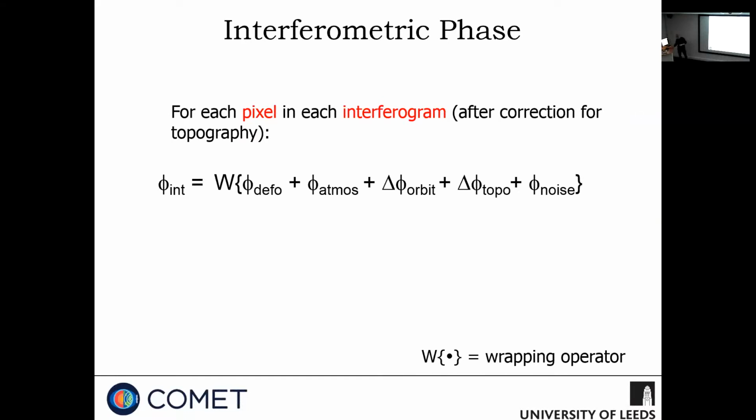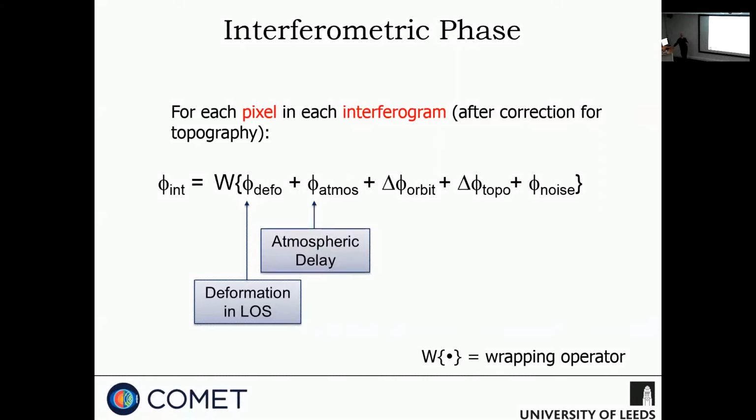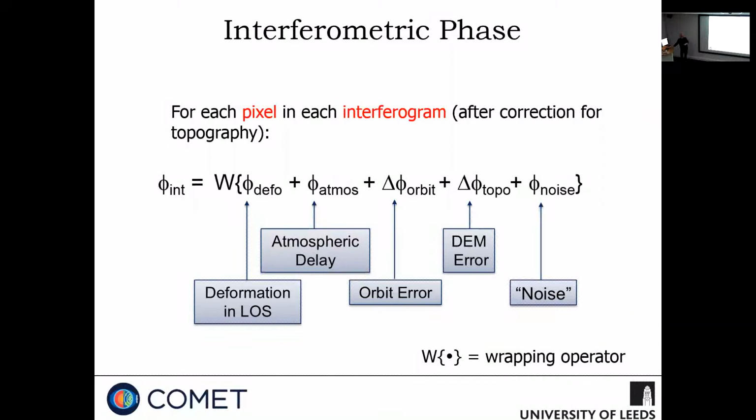You can break it down into the phase change due to deformation, phase change due to differences in the atmospheric delay, and phase change due to orbit errors, because you don't know the orbits exactly. There's the DEM error that I talked about already, and then the kind of catch-all noise, which is going to include decorrelation noise and so on.